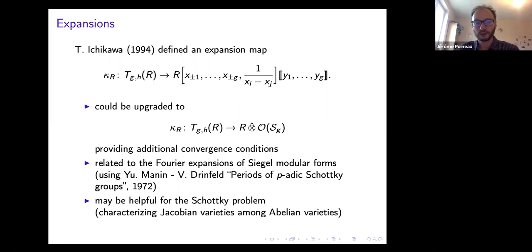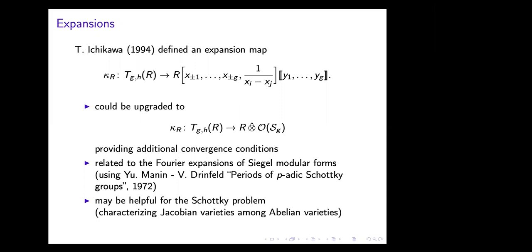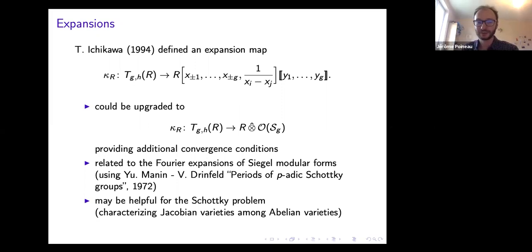If I can, I was also wondering if, going a bit further and refining all this, you could even produce new Teichmüller modular forms that would not come from Siegel modular forms. That's definitely a question I wanted to investigate, but I didn't have much time.